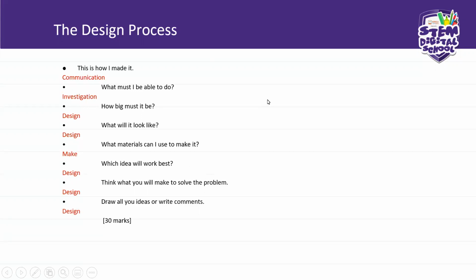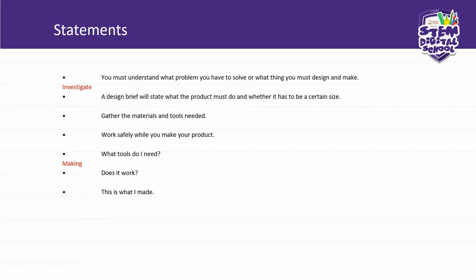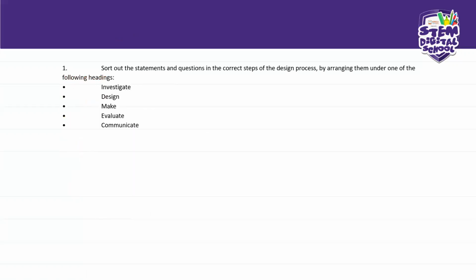So let me quickly discuss with you these descriptions. These descriptions have helped us to remember what this design process entails. Okay, right. In the investigate stage, that is where you deal with the problem. You have your problem statement.